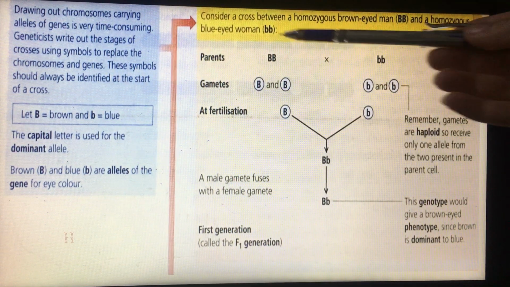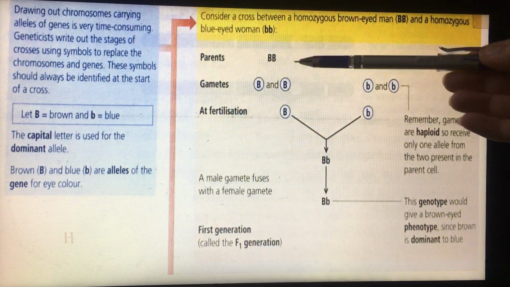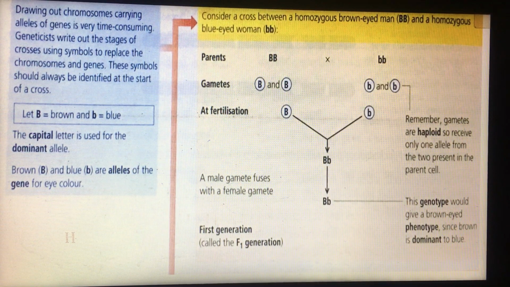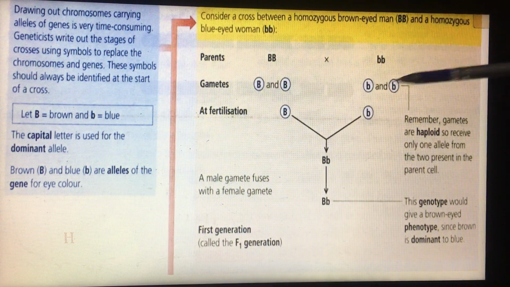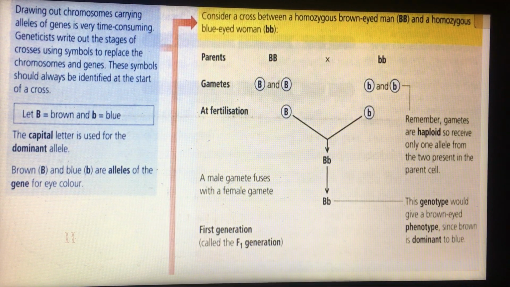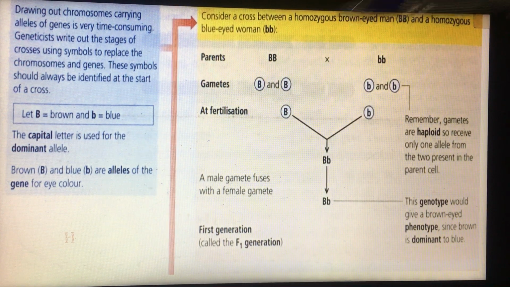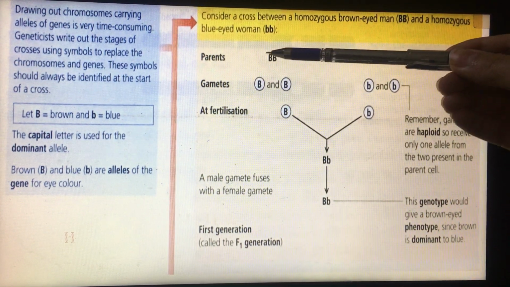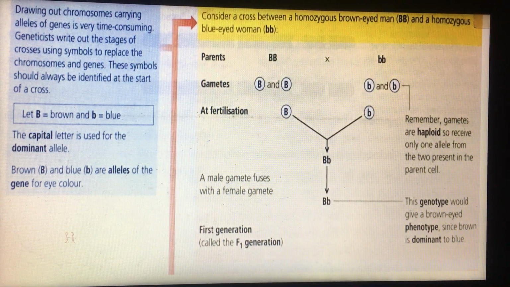So a homozygous brown is B capital chromosomes or B capital genes, and for the homozygous blue-eyed woman we have B small gametes. We said before that homozygous means carrying the same allele on both members of the homologous pair.